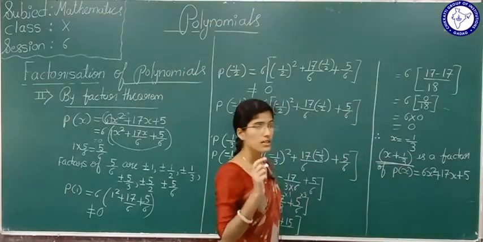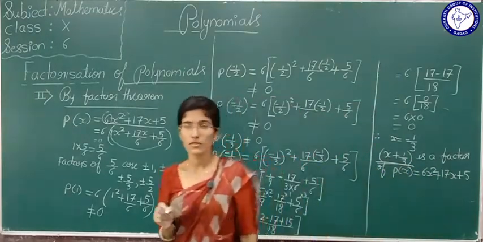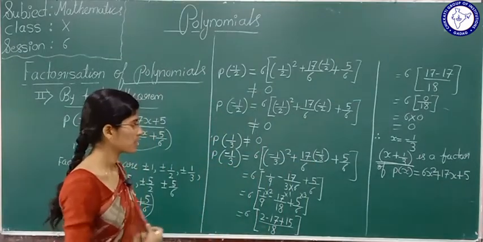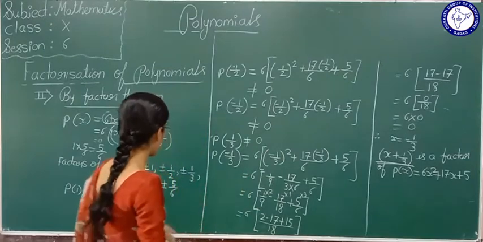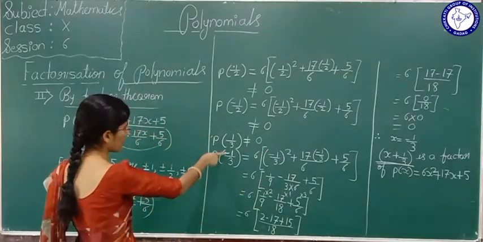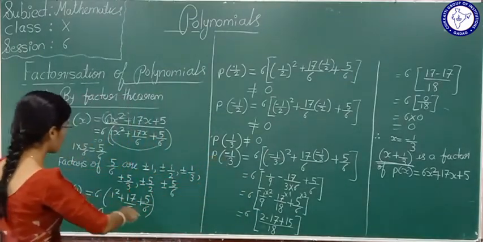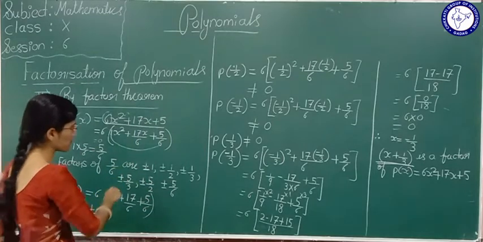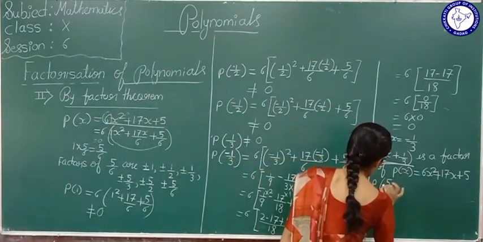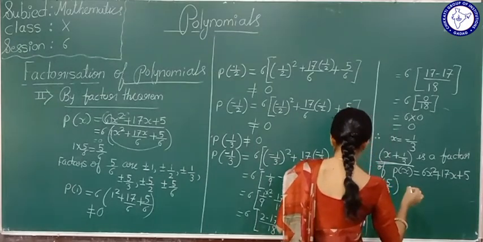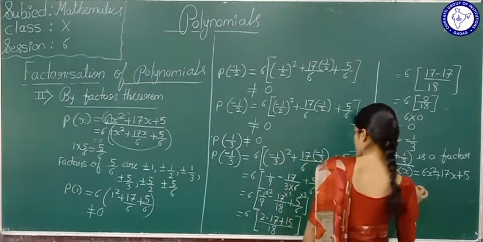In a quadratic polynomial we will get two factors. Again find out one more factor here. Go on putting the values. We put minus 1 by 3. Now go for 5 by 3. Definitely if you put p of 5 by 3, it won't be equal to 0.